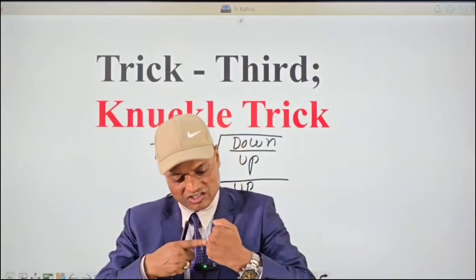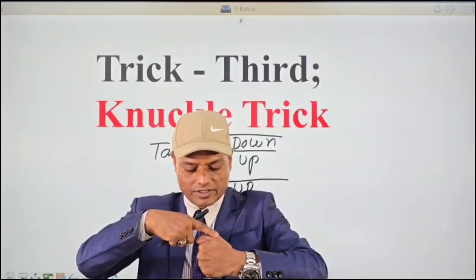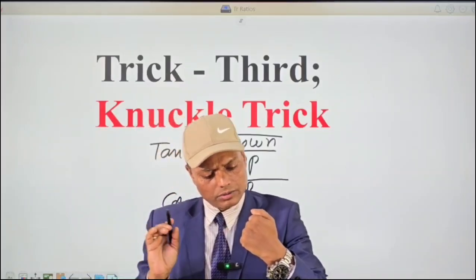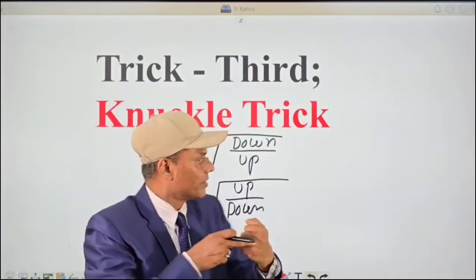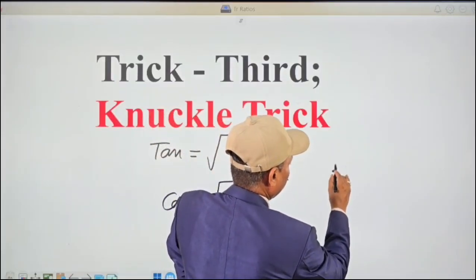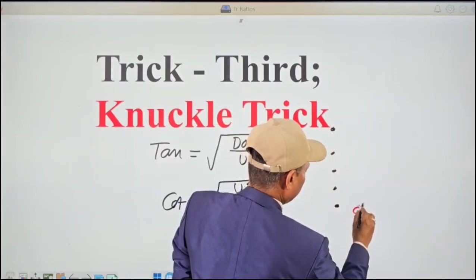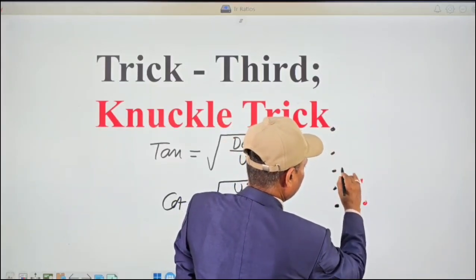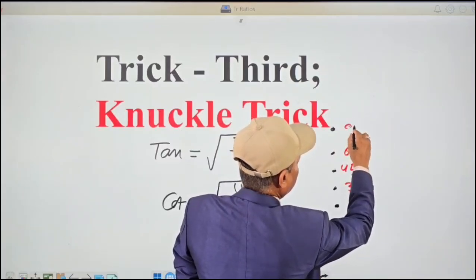0 degree, 30 degree, 45 degree, 60 degree and 90 degree. Understand? Okay, so let's find the value of tan 30 degree. This is 30 degree, right? See here, 1 dot, 2, 3, 4 and 5: 0, 30, 45, 60 and 90.